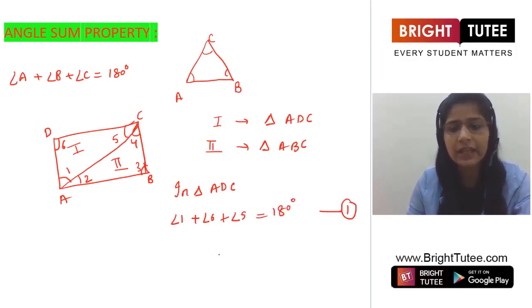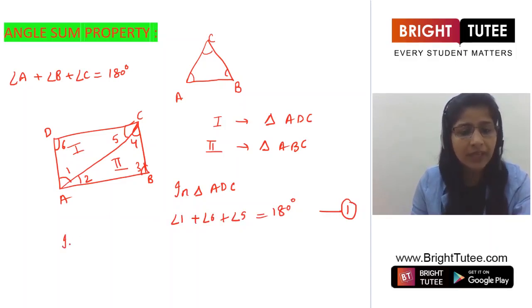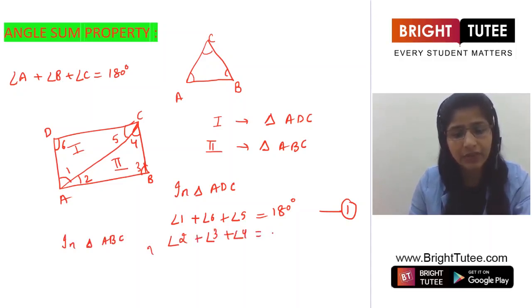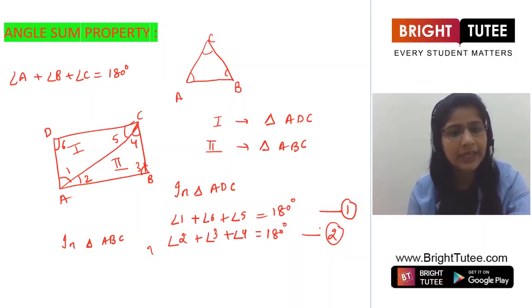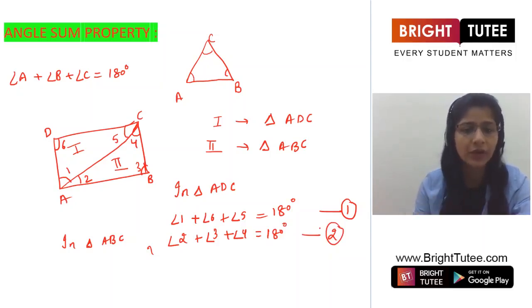Let us name it as our first equation. Now in triangle ABC, we can write angle 2 plus angle 3 plus angle 4 is equal to 180 degrees, again using the angle sum property. So we are applying the angle sum property of a triangle to the quadrilateral.